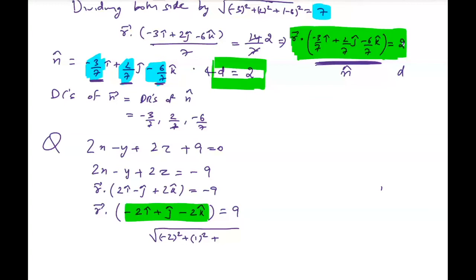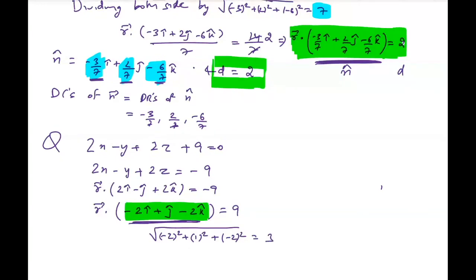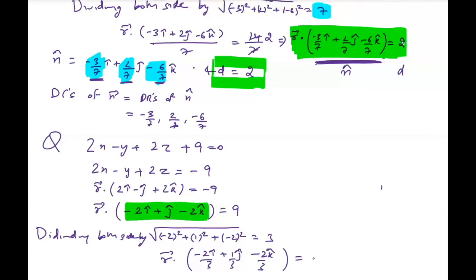Because it is not a unit vector, that's why its magnitude is 3. Dividing both sides by 3, we get r dot (-2i plus j minus 2k) divided by 3. We can divide separately here, equals 9 by 3, which is nothing but 3.